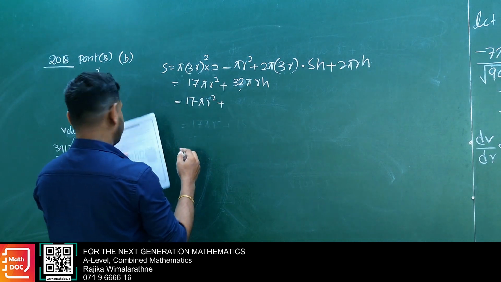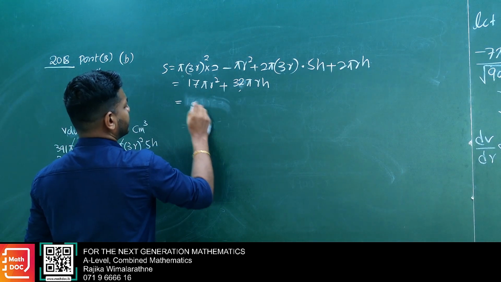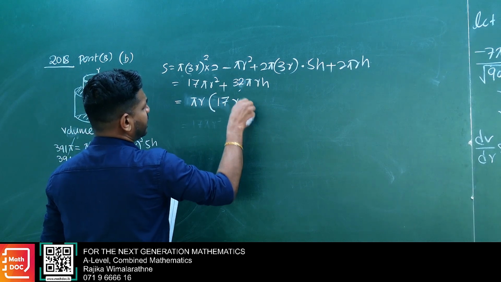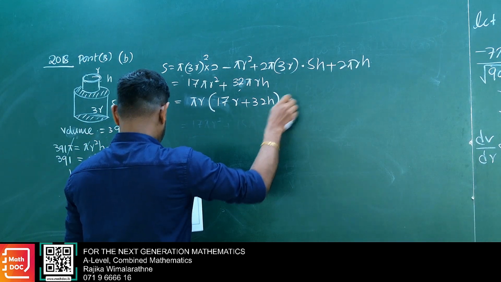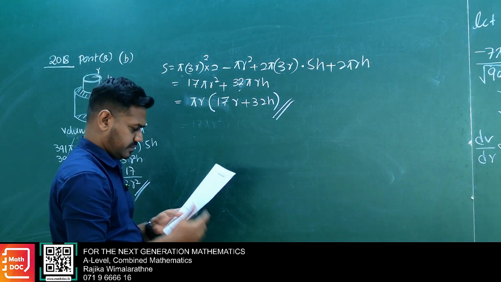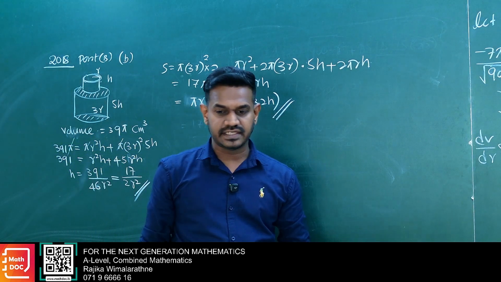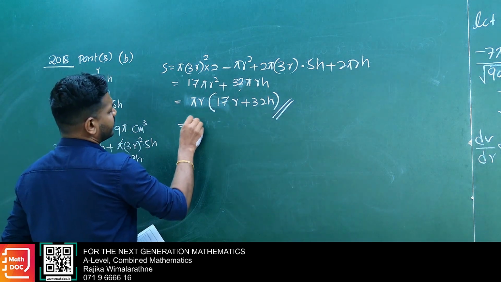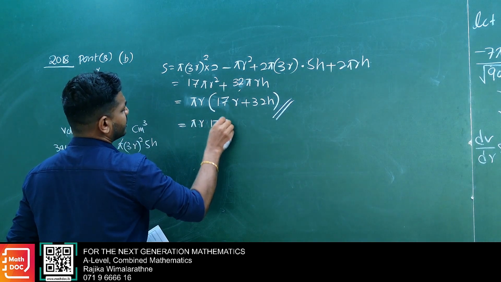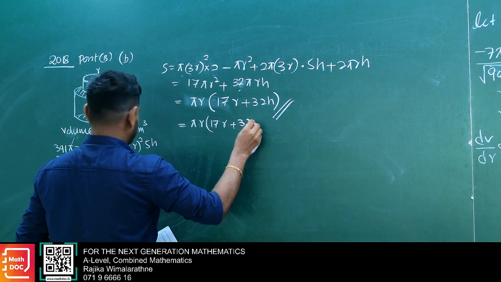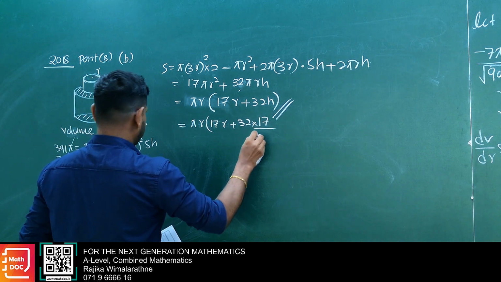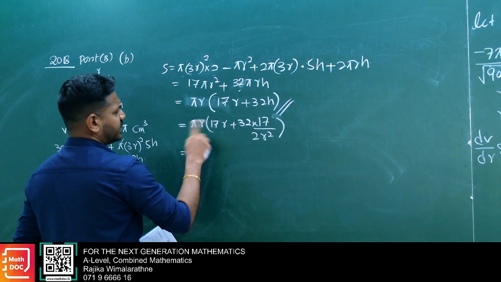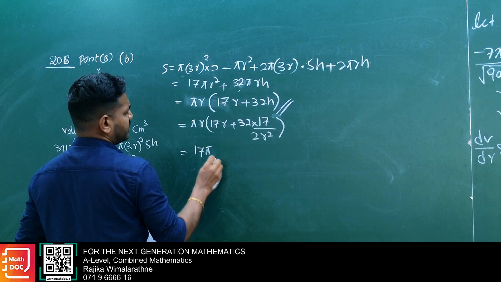Now take 17 pi r plus 32 h. Then find the value of r such that S is minimum. Then you convert that into a single variable, with h equal to 17 divided by 2 r squared. Now take 17 outside, put r inside.